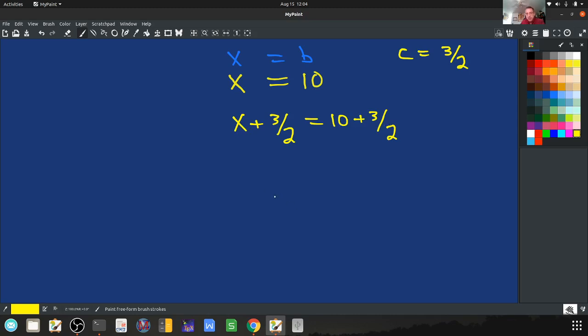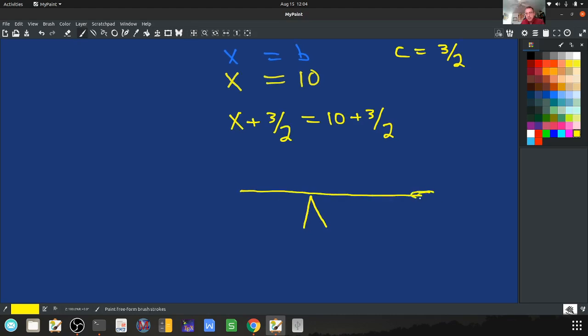Imagine that this is a scale that's balanced, and I'm not going to get very elaborate. I have 3 marbles on one side and 3 marbles on the other.